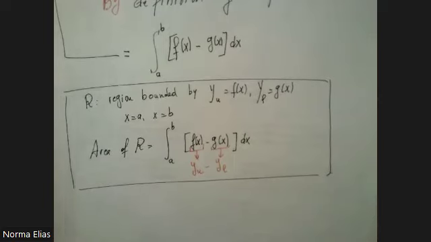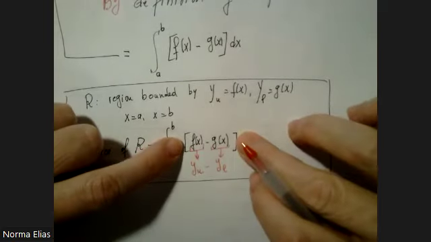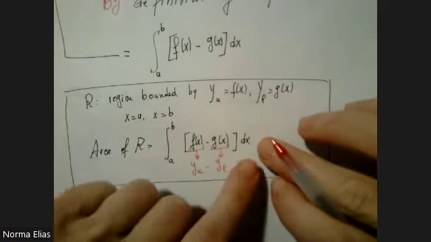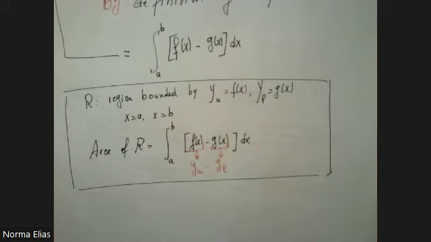Because remember, f of x minus g of x represents the length of the rectangle. The dx is representing the width of every rectangle. Okay.